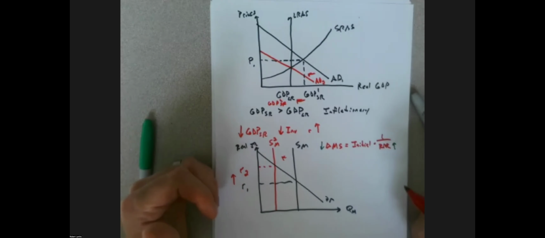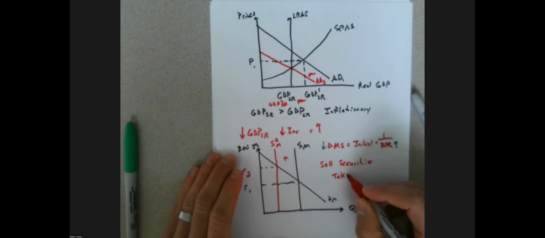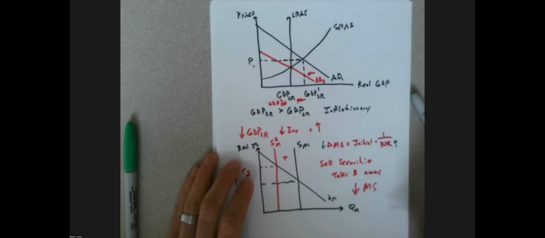That's going to increase the money supply. If they sell them, banks are giving them money, so they're taking money out of the economy. So when we sell these securities, we're taking money away, decreasing the money supply.